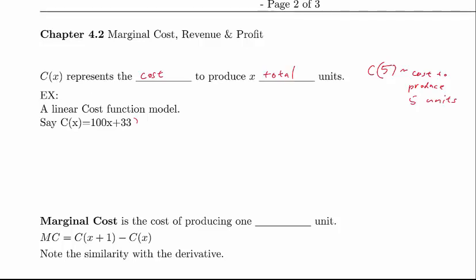Note that no matter how many you produce, you always have this 33 cost. That is a fixed cost. And then note that this number right here changes with how much you have to produce. If you produce 1, it's 100. If you produce 2, it's 200. This is a variable cost.